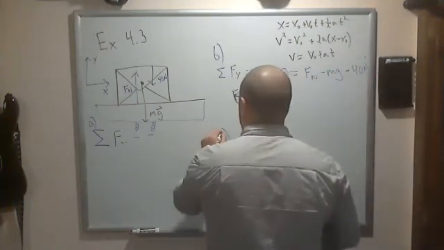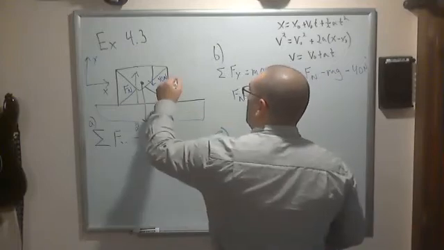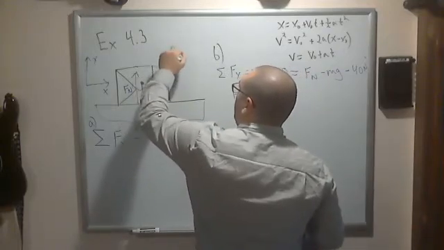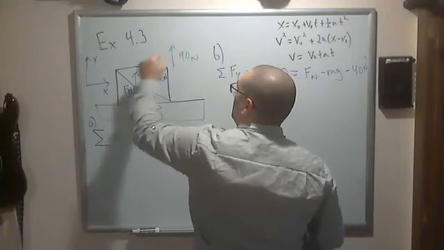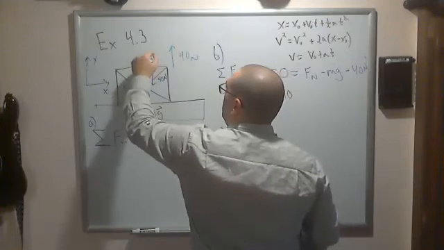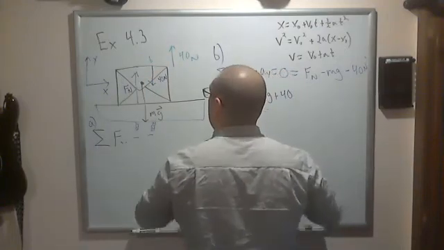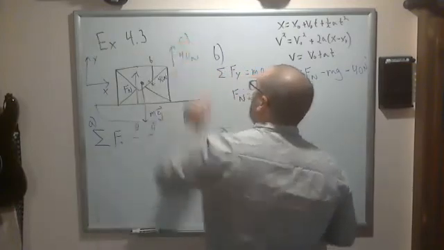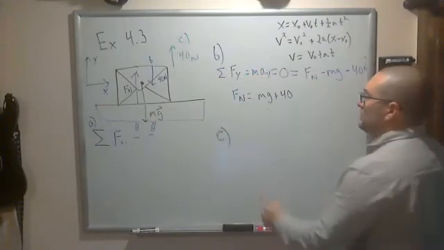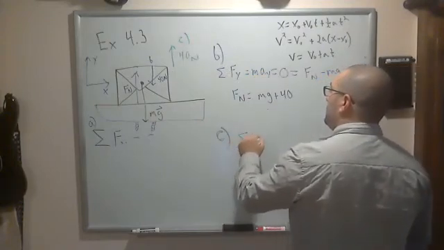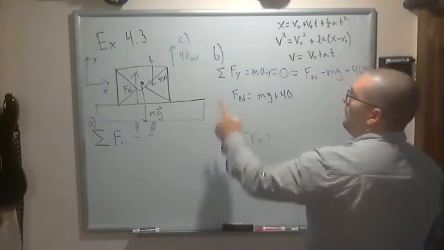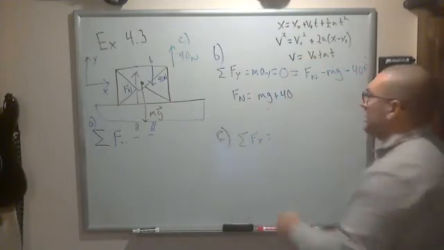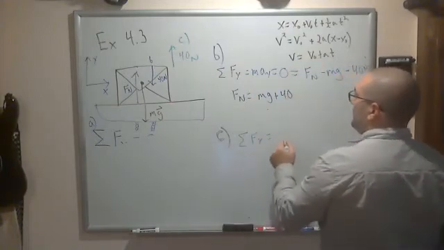For part C, now the force is upwards. So this is B, and this is C. So now there's an upwards force that we're pulling up on the object, right?